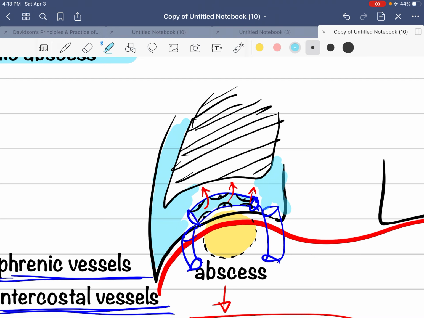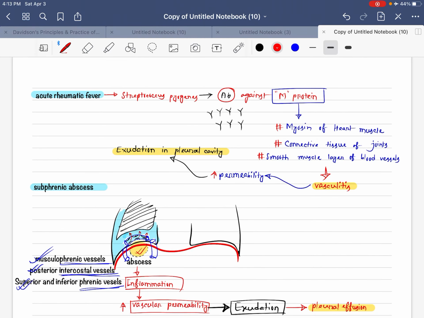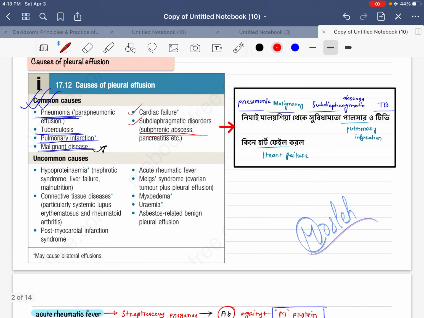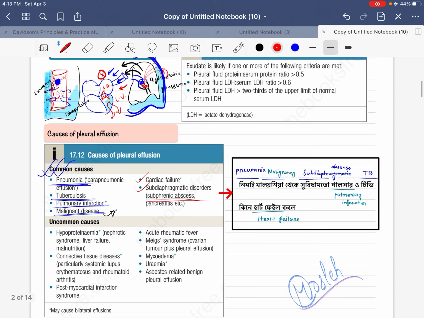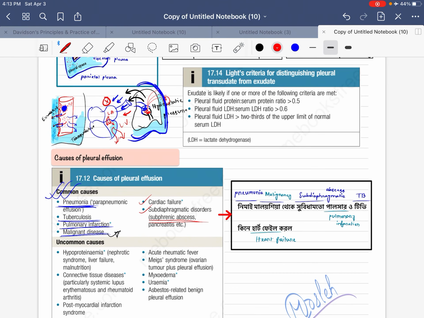Why? Because of increased vascular permeability. What leads to this increased vascular permeability? This abscess. Okay, so this is another example of pleural effusion. So stay connected with me. In my next tutorial, I will explain, inshallah, the further topics and the next part of pleural effusion.